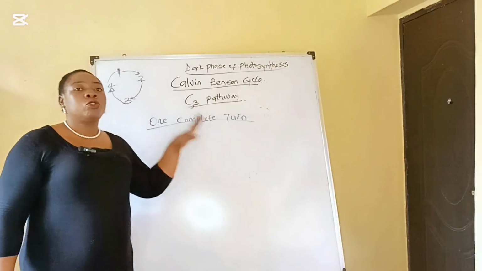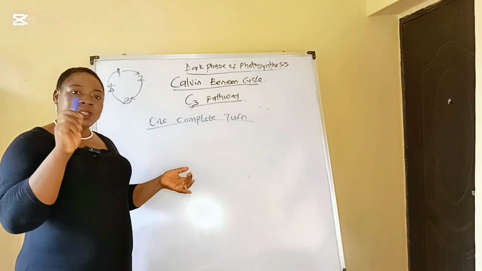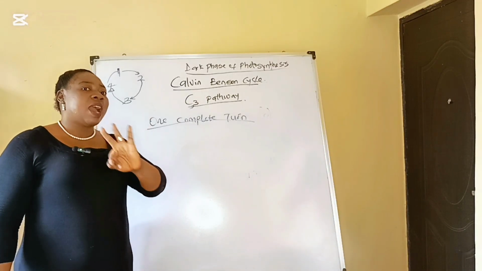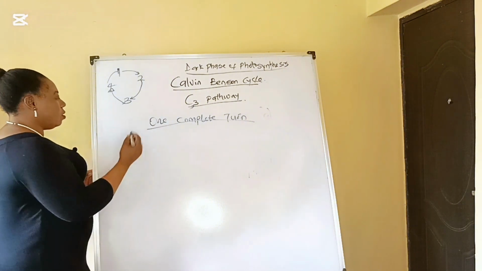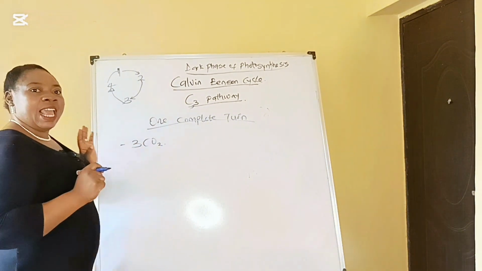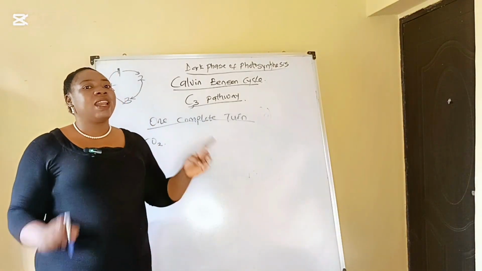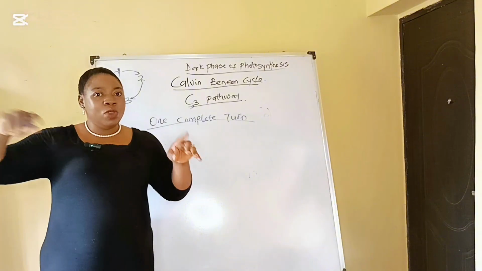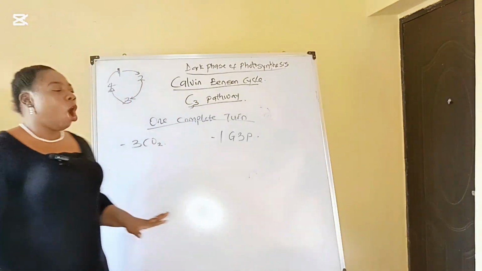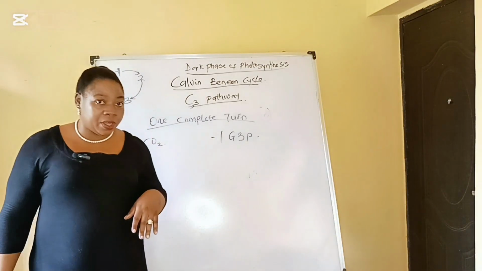Now, one complete turn of the Calvin-Benson cycle will first make use of how many carbon dioxide molecules? 3 molecules of CO2. Then it will give us 1 molecule of glyceraldehyde 3-phosphate, which escapes the cycle to go and synthesize glucose. Also, during this cycle, we make use of ATP.